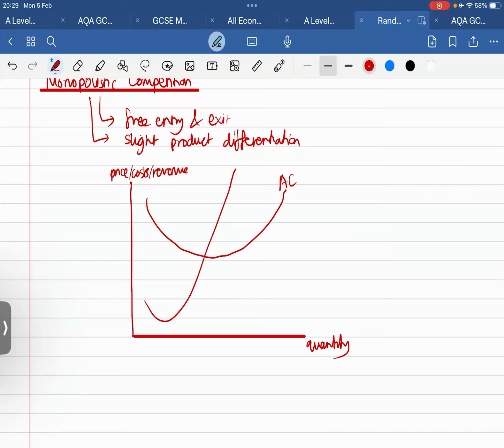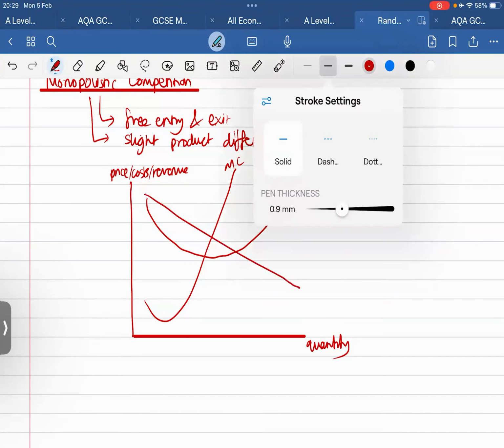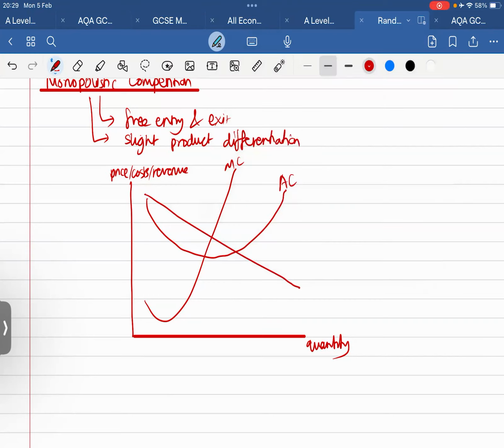And I have my MC through the middle. And then I make sure that I have my AR above it and my MR below it. I would make my AR quite elastic to be realistic to the fact that there's a lot of substitutes. My MR is twice as steep.